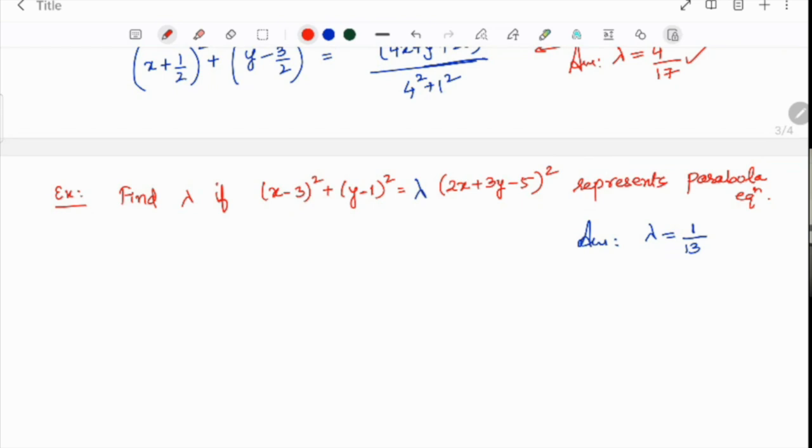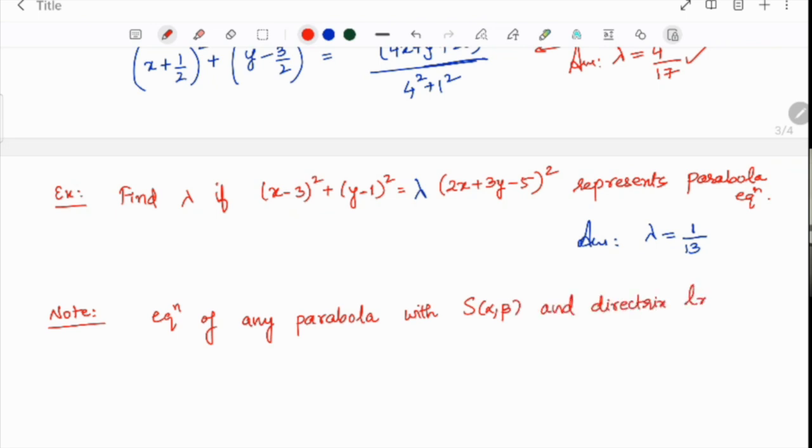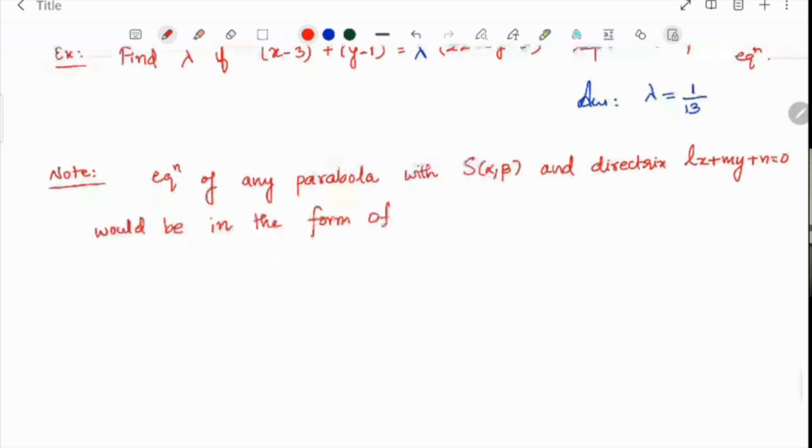So form 1 is all about finding the parabola equation if the directrix and focus are given. Okay, let's explore a little bit more. The equation of any parabola with focus (alpha, beta) and directrix Lx plus My plus N is equal to 0 would be in which form?